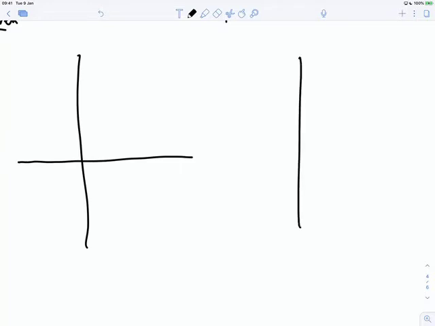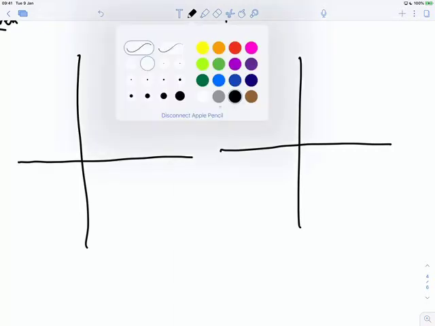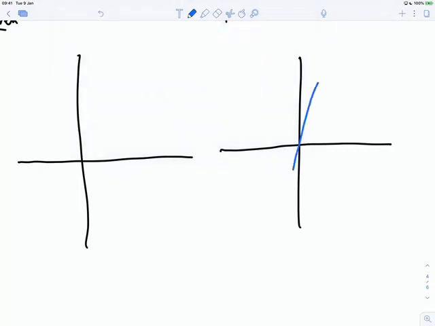Okay, let me draw 2 plots. Let's say this is the quadratic I've got, and I want the area between here and here. Let's say these 2 points are 1 and 3, and 2 is in the middle, at that point there.